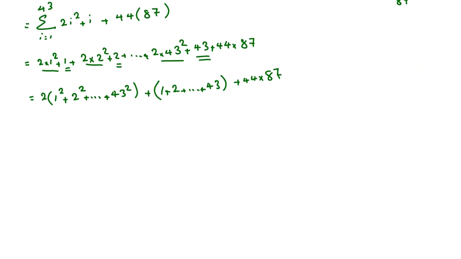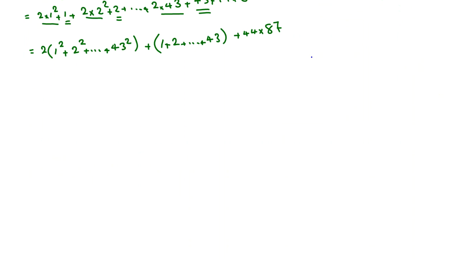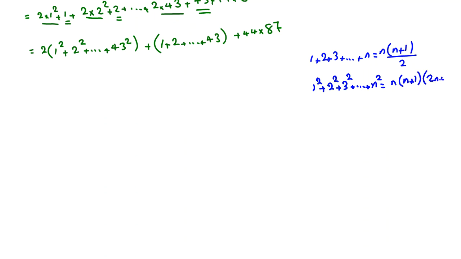For solving this part, you should know two basic identities. The first one is 1 plus 2 plus 3 up to n equals n times n plus 1 over 2. The next one is 1 squared plus 2 squared plus 3 squared up to n squared equals n times n plus 1 times 2n plus 1 all over 6.